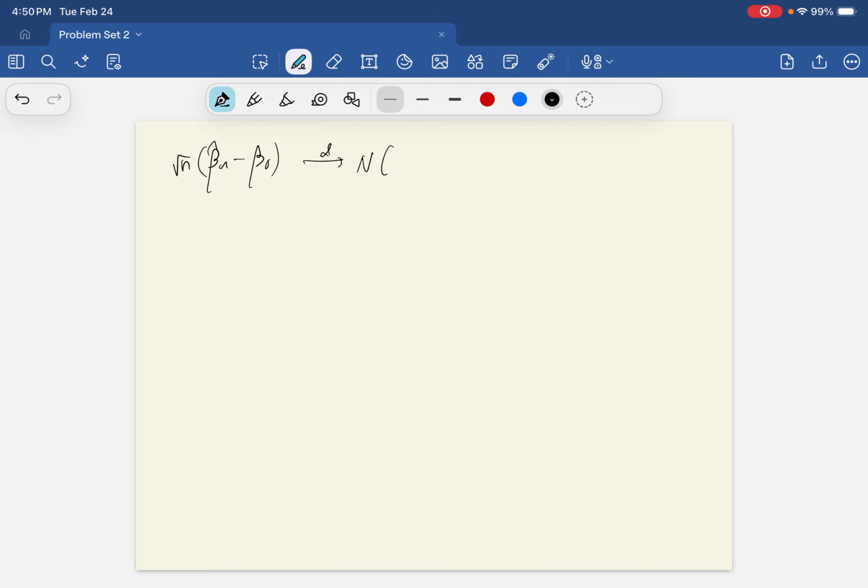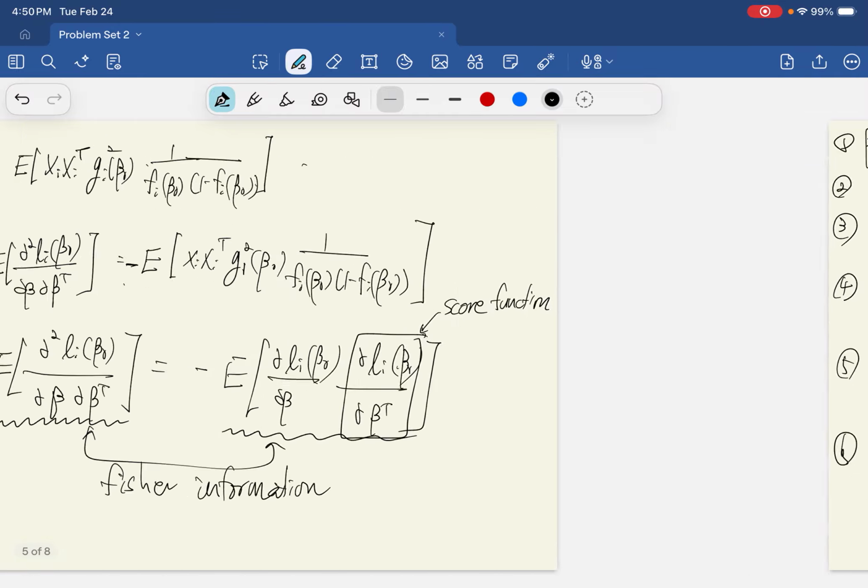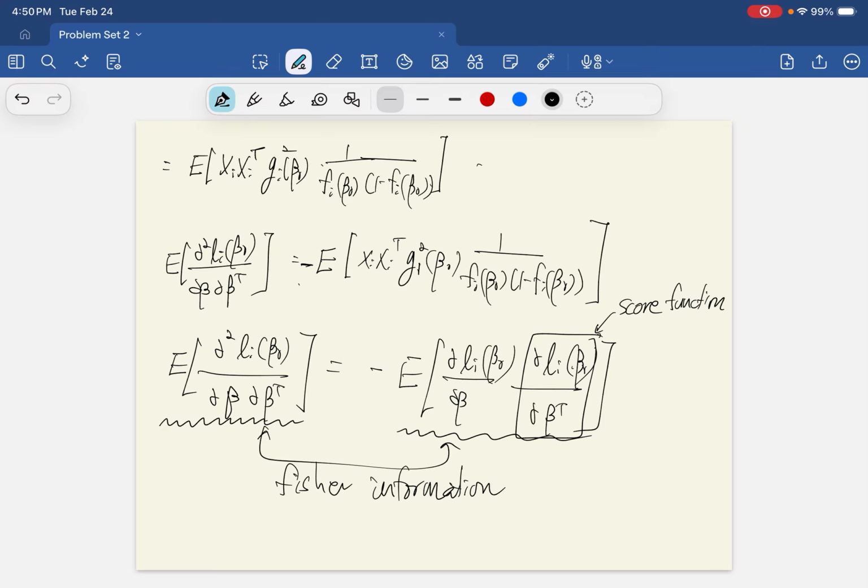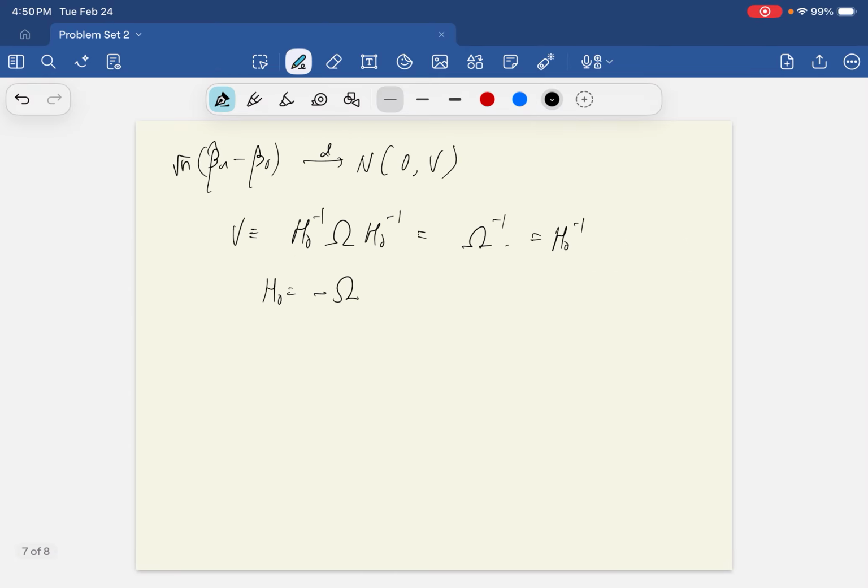Then under these sufficient assumptions, we can show by the lemma that the estimator converges to a normal distribution with variance V, where V equals H0 inverse omega H0 inverse. But in our specific case, as I said earlier, H0 is minus omega, so they cancel out and it equals omega inverse. I said H inverse, but that is wrong because H is negative definite.